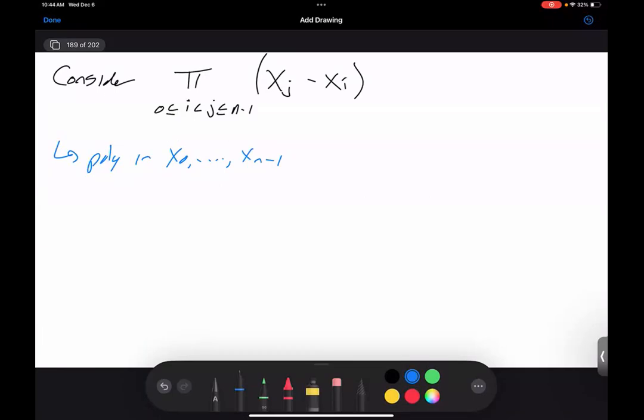What's its degree? How would you find the degree? I need to know how many terms there are in the product. So i and j are chosen such that i is less than j, and they go from 0 to n-1.